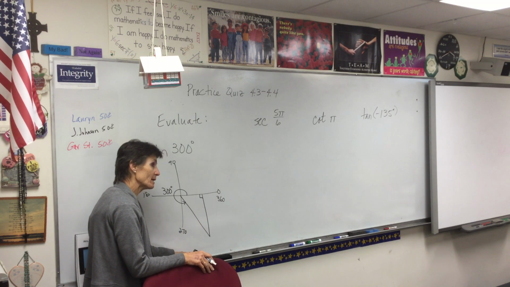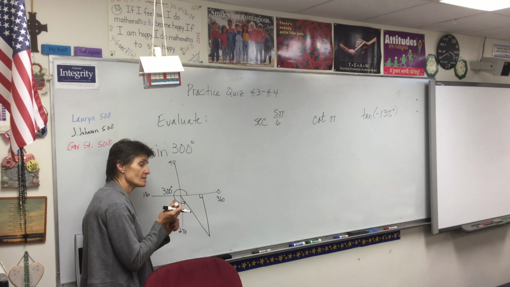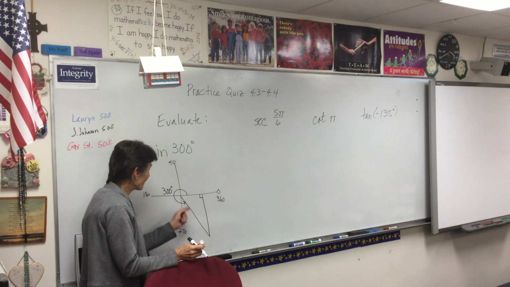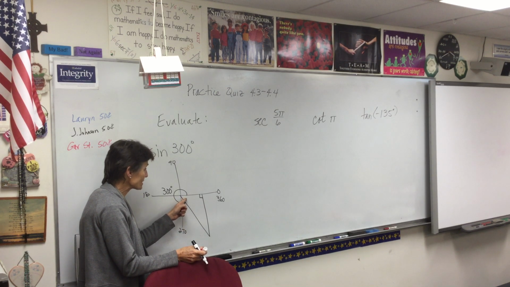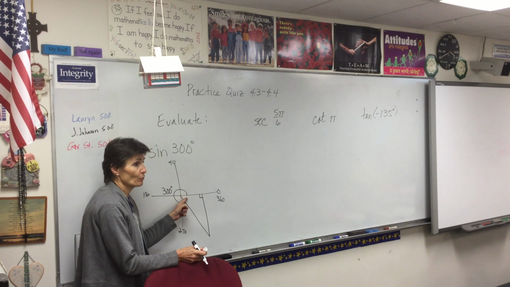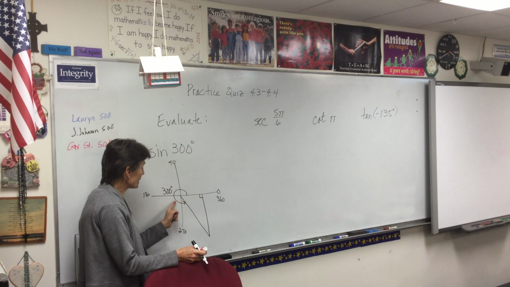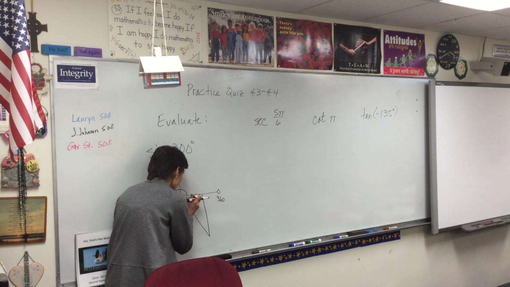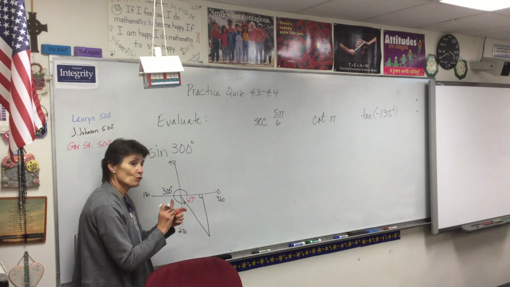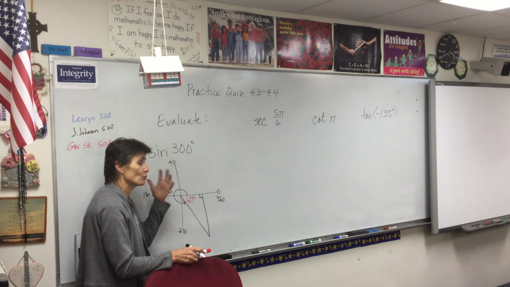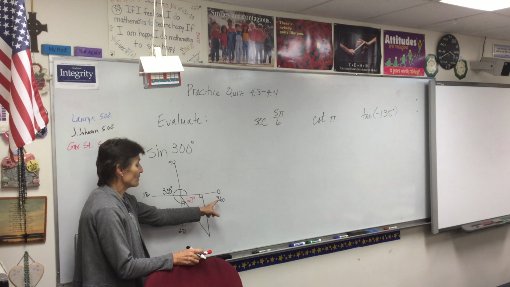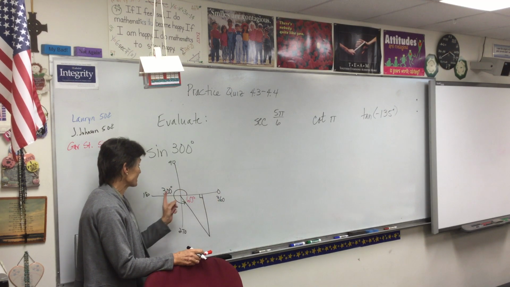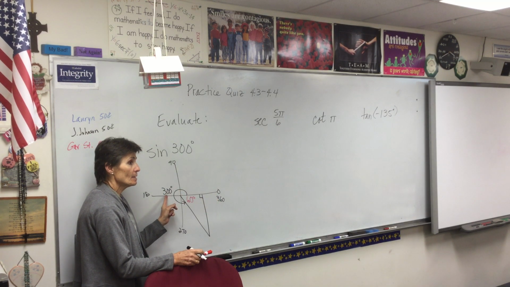Now I always get out my colored marker here because this is so critical. You have got to figure out this angle and get it right, or you're going to end up with the wrong answer. So if this is 300, it's 60. If you're doing your subtraction, I don't know what's going on in your head, but I do 360 minus 300.